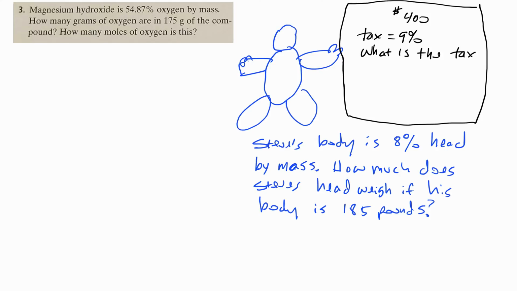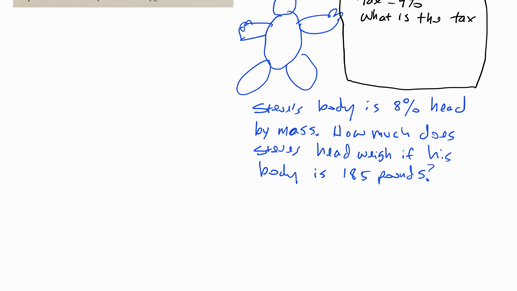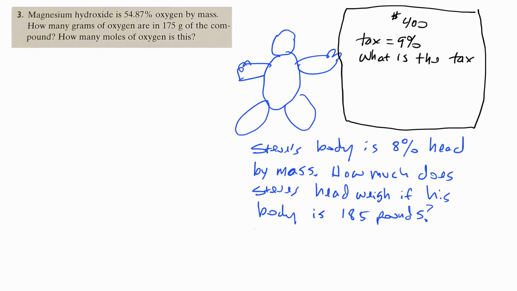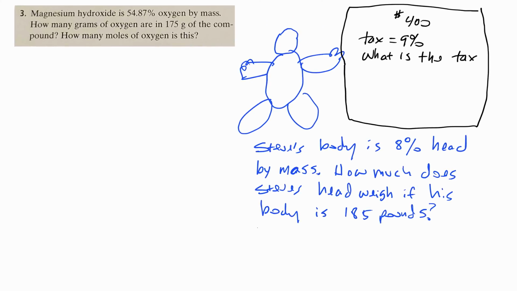Okay, so Steve's body is 8% head by mass. How much does Steve's head weigh if his body's... oh, I'm sorry, we're not doing that. We're doing the taxes. So in order to do math of percentages, you always gotta go from percent language to decimal language.